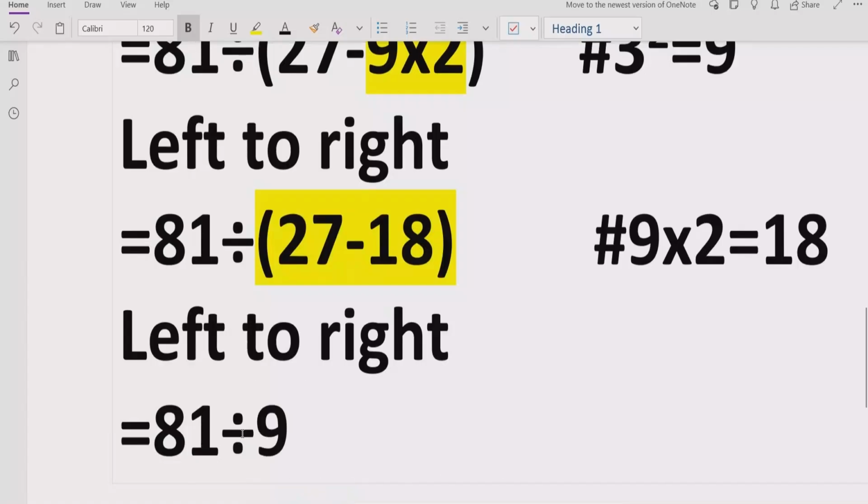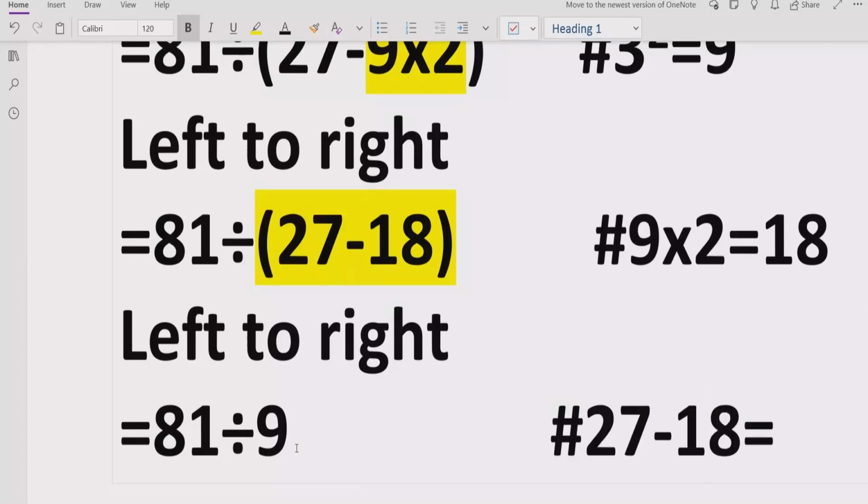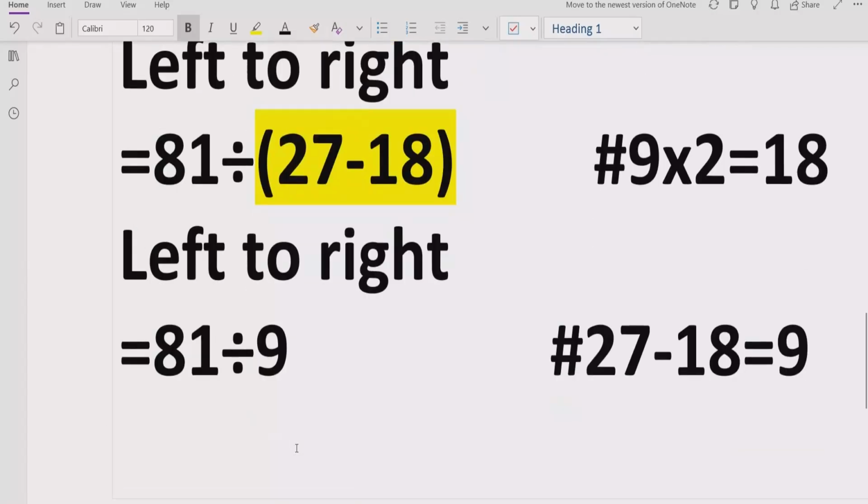And here we give the reference: 27 minus 18 equals 9. Now we have two terms which are dividing each other. So we have to divide 81 divided by 9, which is 9. 9 nines are 81.